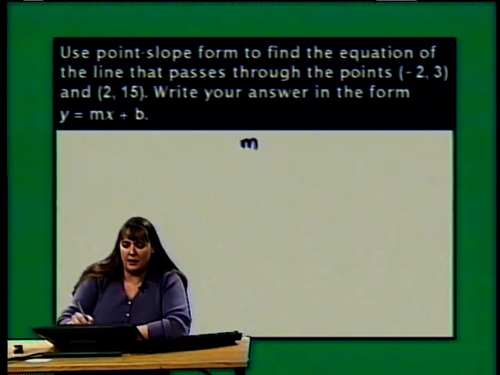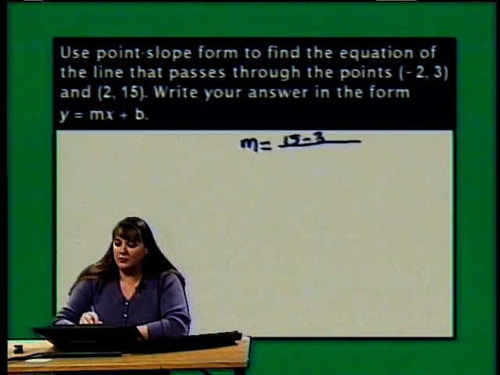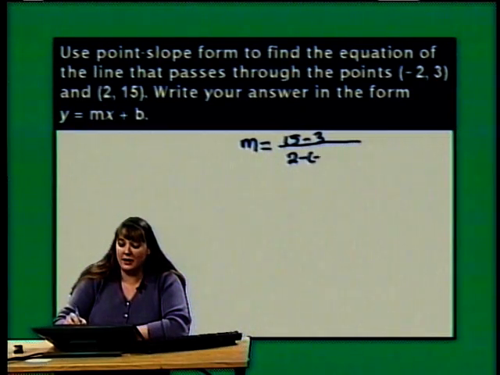Our slope, m, would be 15 minus 3 over 2 minus negative 2. That's 12 over 4, which is 3.